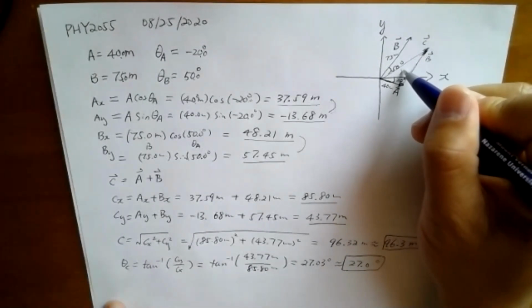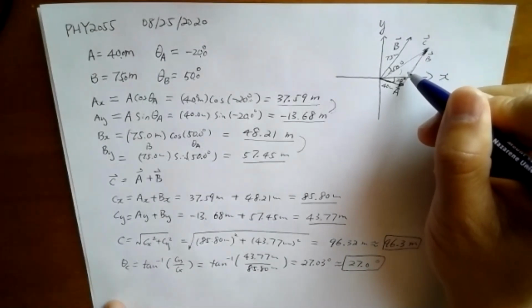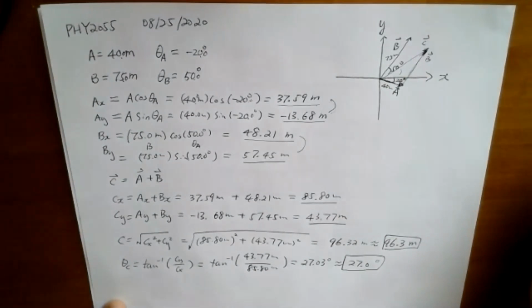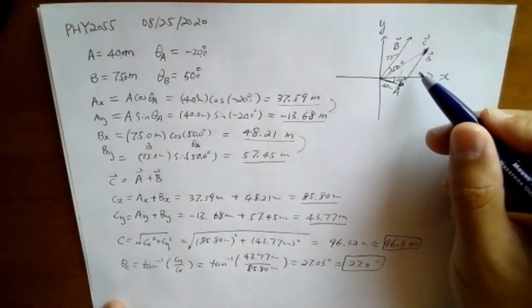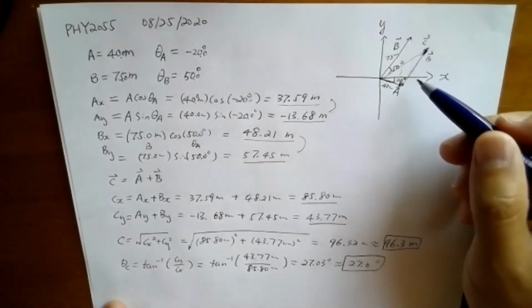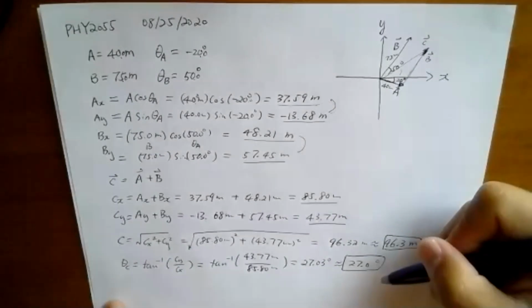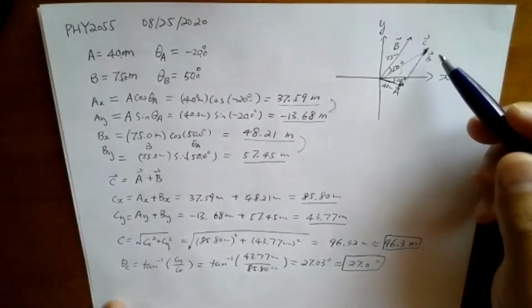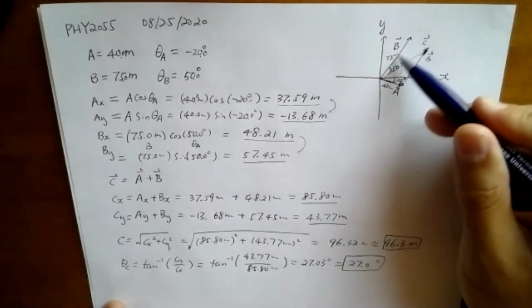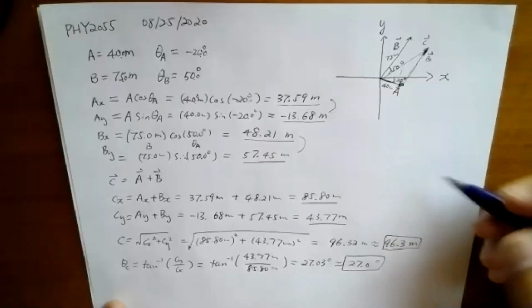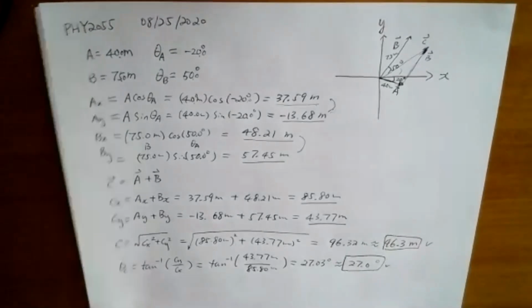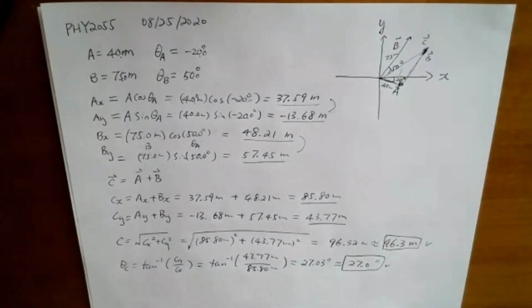So yeah, 27 degrees. From your figure here, you can see it makes sense. This is a very rough sketch, but it represents your answers here. About half of the angle, 27 degrees, and a little bit longer than B, the 75. So that sounds like we have the correct numbers for its magnitude and the directional angle.